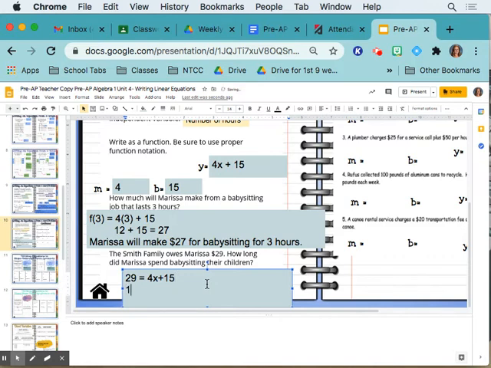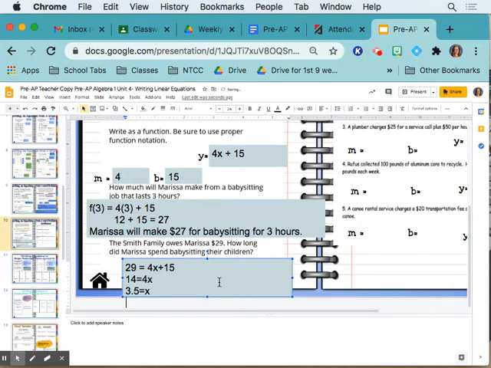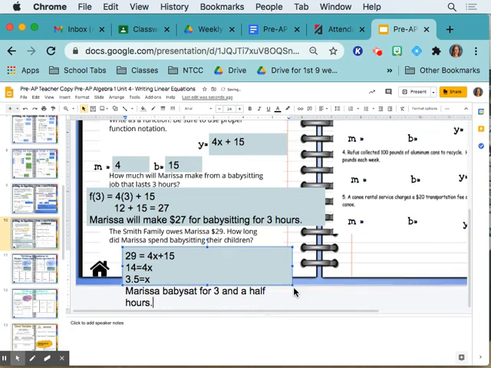Okay. So 14 equals 4x. What's 14 divided by 4? I guess it's 3.5, huh? So as a complete sentence, Marissa babysat for 3.5 hours.